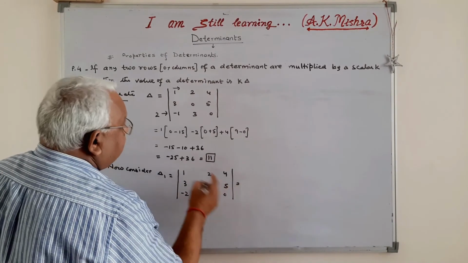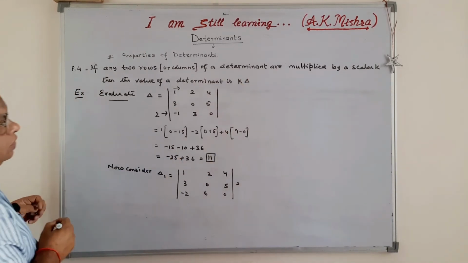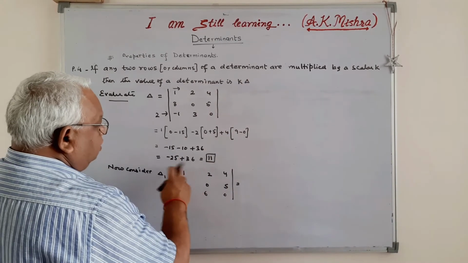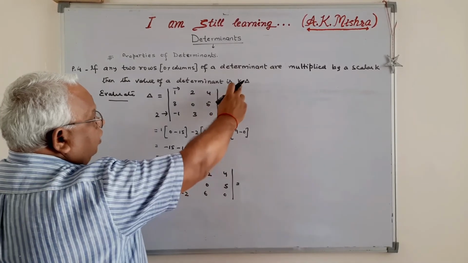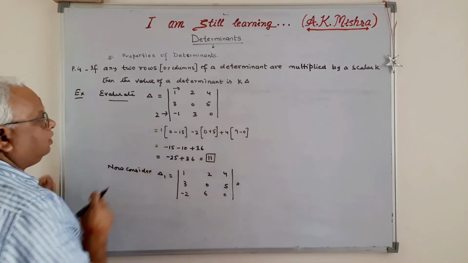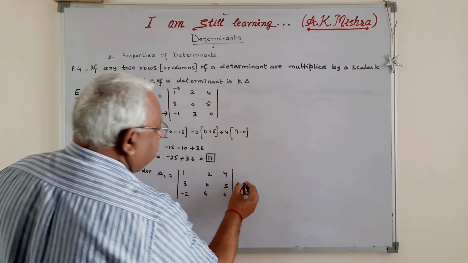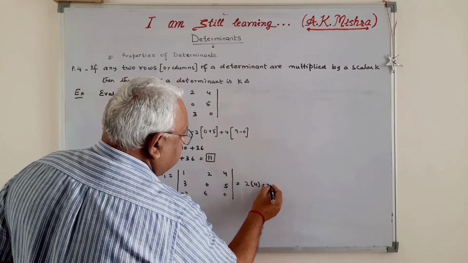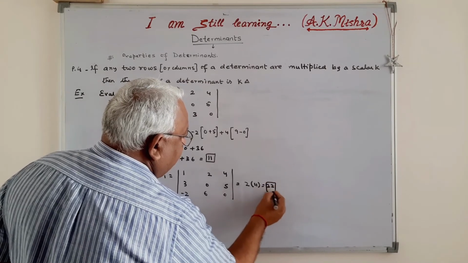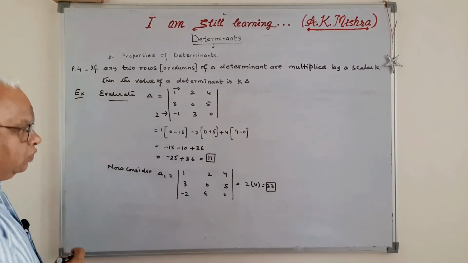What should be the answer according to the definition? The value of determinant is 11. So since I am multiplying by 2, the value should become 2 times 11. So I know in advance my answer should come 22.